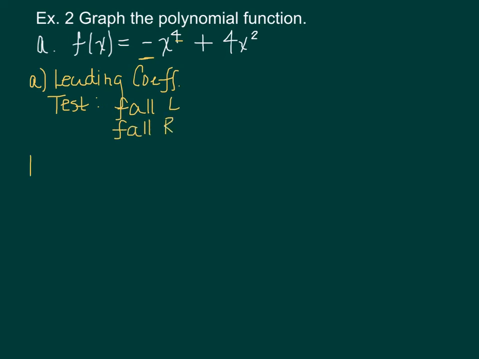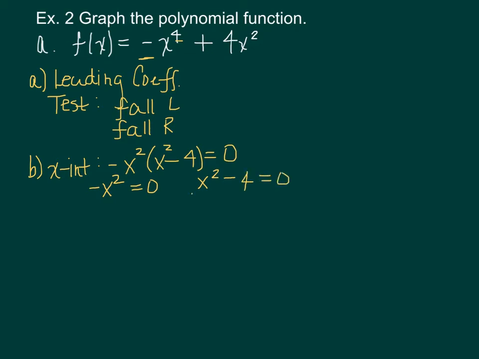B, we're going to find our x-intercepts. And to do that, we have to factor it. So I'm going to take out a negative x squared, and that will leave me with x squared minus 4 equals 0. And I'm going to set each one equal to 0. And I'll factor this further.